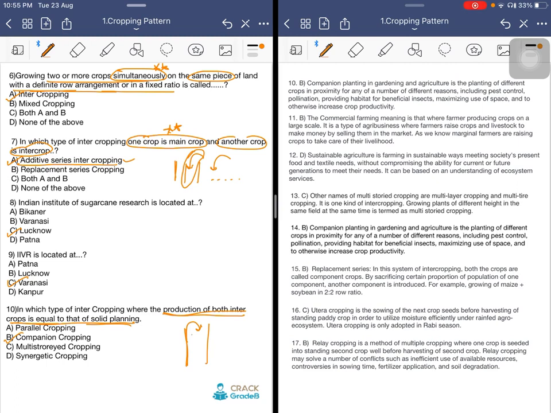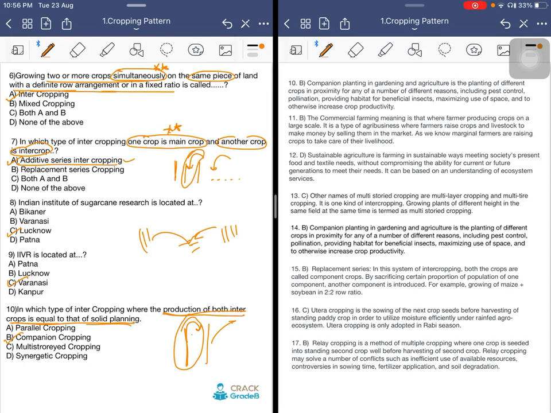That means if we grow these crops in a pure stand and also those crops in a pure stand, the yields will be very much equal when they are grown together. There should not be any competition, or it will be equal, and that is called companion cropping.